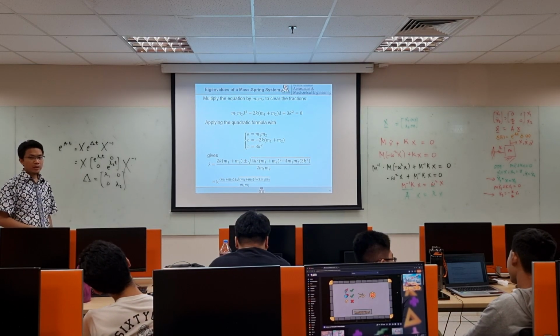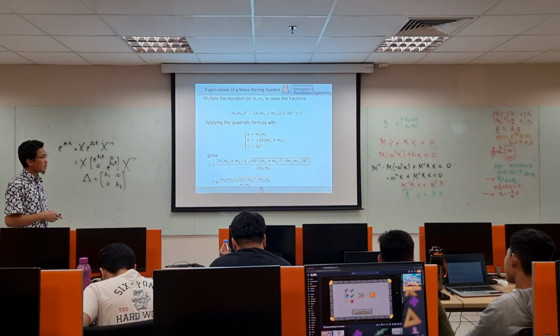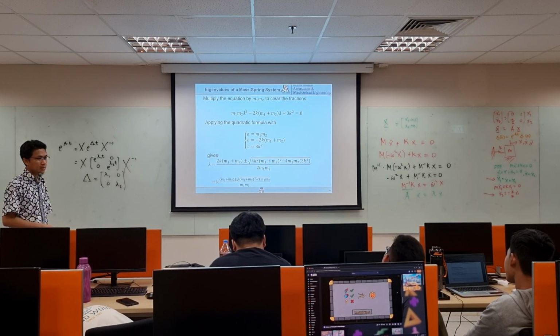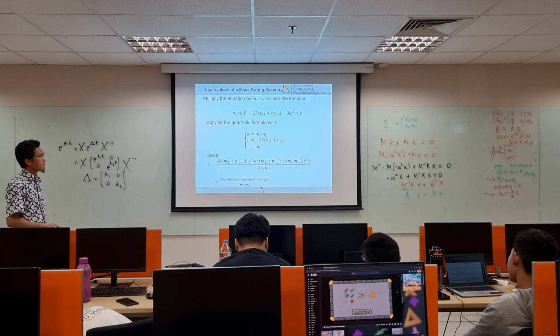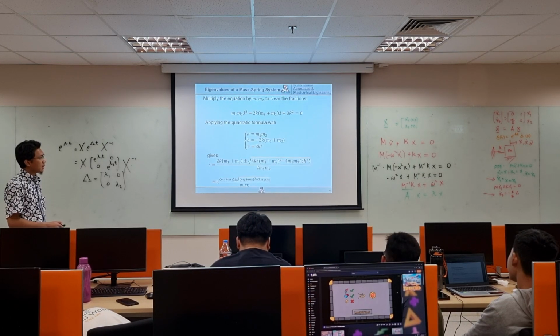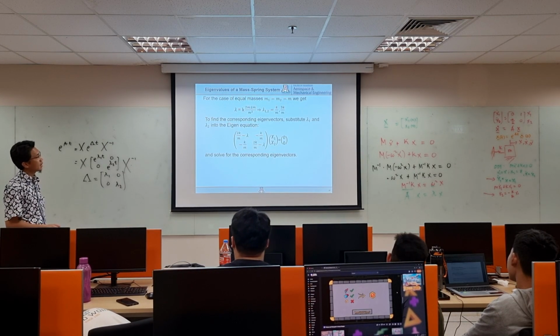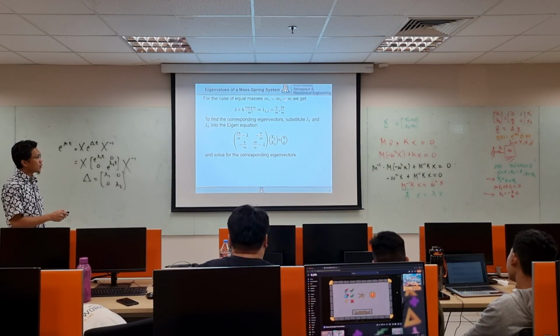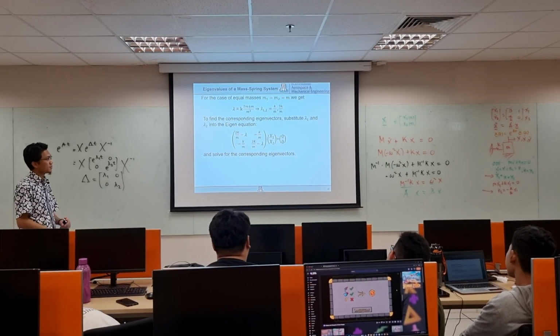So when you are given the value of m and k, then you can get the solution for the lambda. After you get the lambda, suppose m1 equal to m2 to simplify the equation.